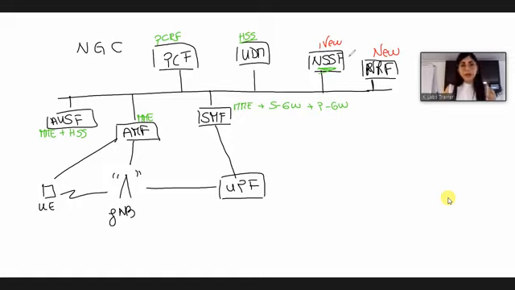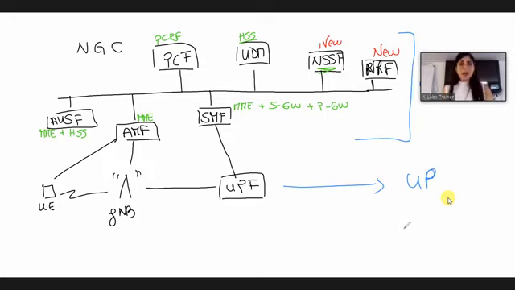From this structure, we can see that we have a separation between the user plane and the control plane. Because we can see the control plane is in here, and this is the user plane. So we have a real separation between control plane functions and user plane functions. And all of the control plane functions can communicate with each other.